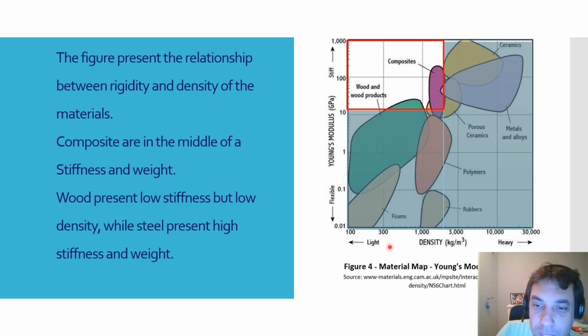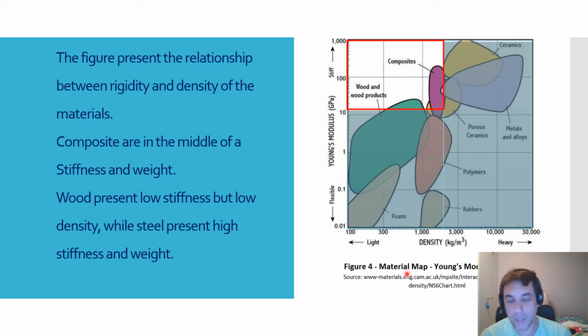Another graphic, another material map that I'm using here is related to Young modulus and density. Another functional requirement that we have is that the material must be rigid enough, stiff enough, to help in that moment resistance.